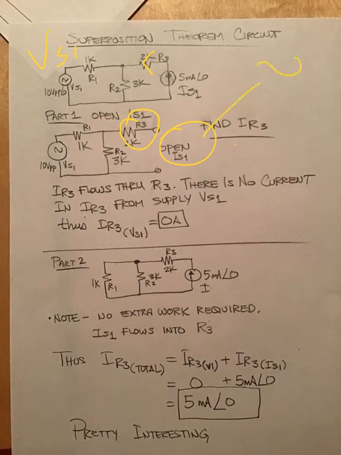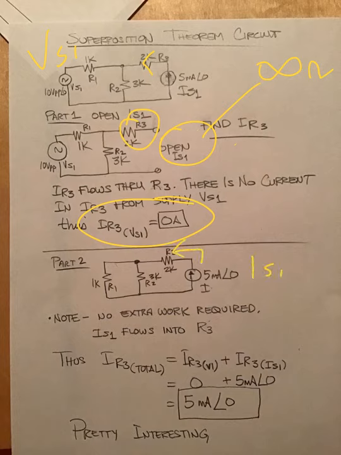That's because the impedance of this current source is very, very big. So the contribution to part 1 of the circuit is 0. Isn't that interesting?